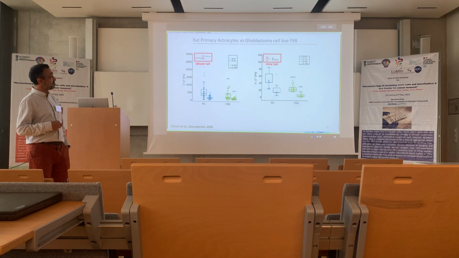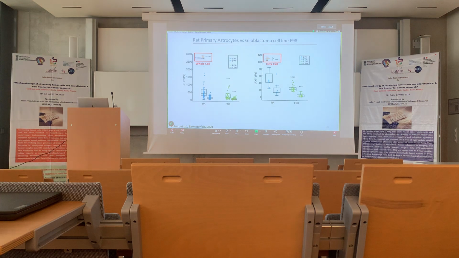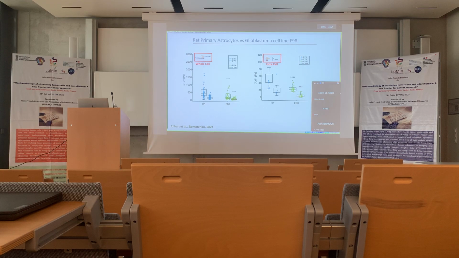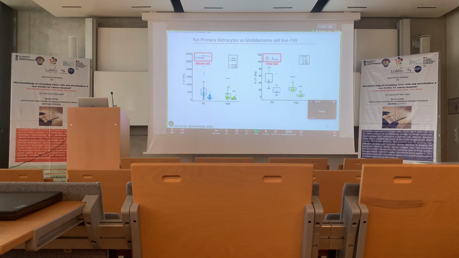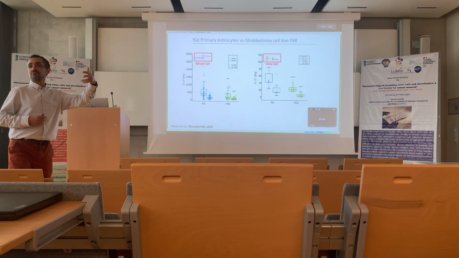I'm going to show you that of course you have some correlation between the grade of cancer and the stiffness of the cells. But here it's going to be more subtle, because a lot of people know that as soon as you have cancer going on, you get softer cells.